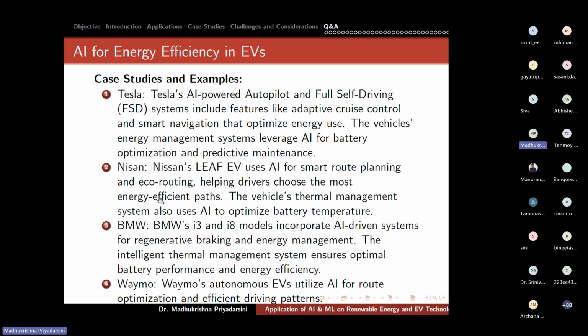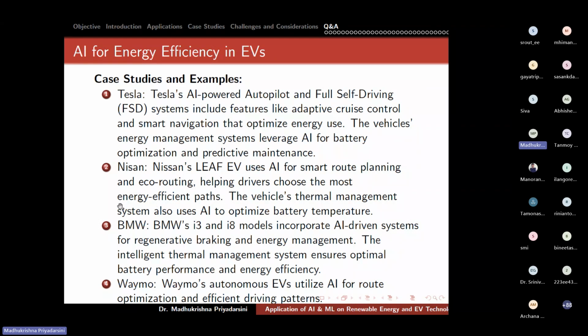These four companies are basically working on energy efficiency, because we have seen the renewable energy. If we use non-renewable energy, definitely someday it will be over. So for that, energy efficiency is also required. These are the case studies and examples of how multiple companies are working on the energy efficiency of EVs.